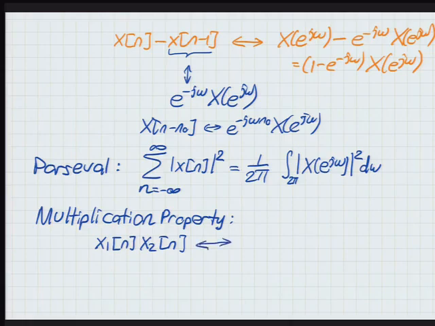Tell me. We had multiplication in time domain corresponding to convolution in the frequency domain, just like we had convolution in time domain being multiplication in frequency domain, right? Except for a factor of 2 pi. So a similar thing happens here.